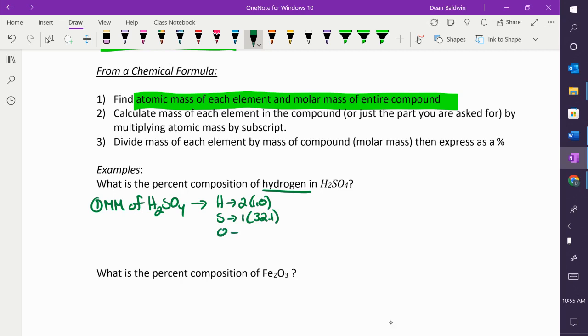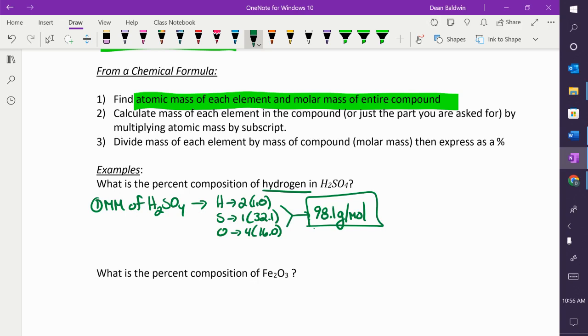And oxygen, 16.0, and we have 4 of them, right? Which gives you 98.1 grams per mole. We always assume we have 1 mole.